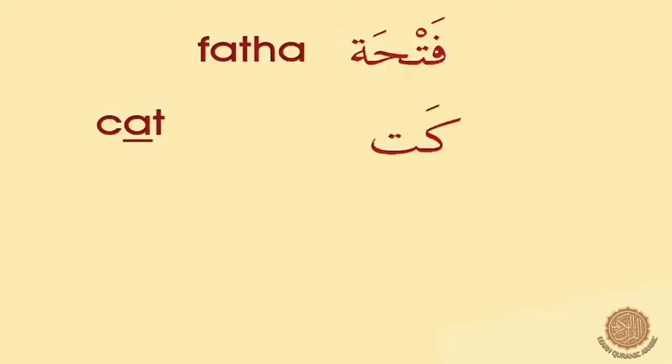Now, I've transliterated cat into Arabic. We have the kaf here, so it makes the same k sound. And then we have the ta, which is equivalent to the t in English. So this says cat. Notice the vowel is on top, not after it, as in cat. And obviously in English we write from left to right, while in Arabic we write from right to left. So in English, when we read a word, we read it this way.